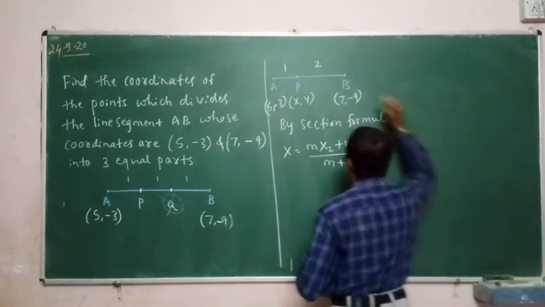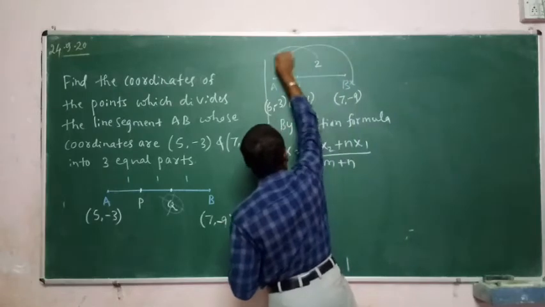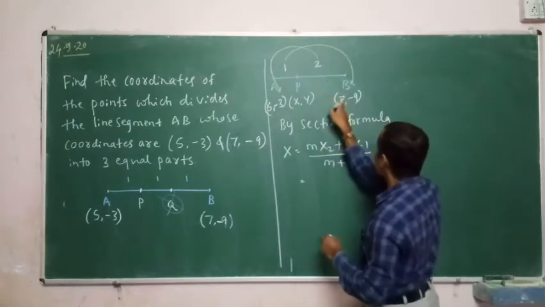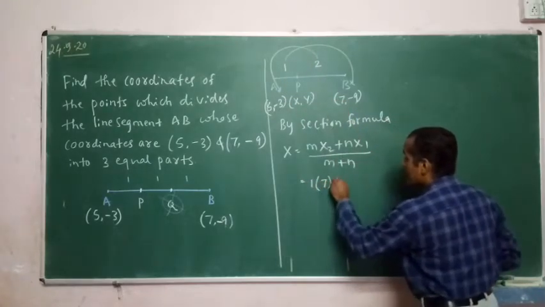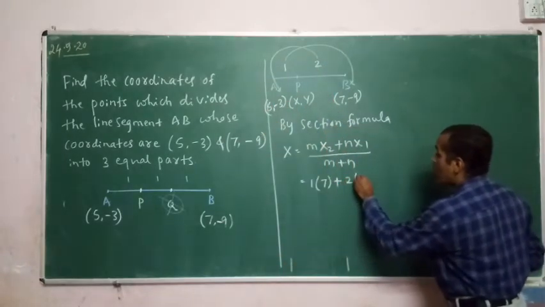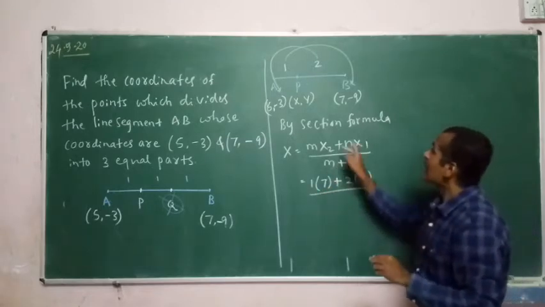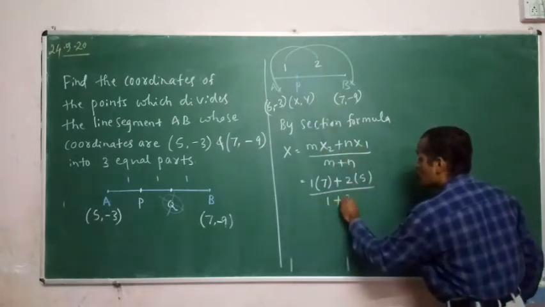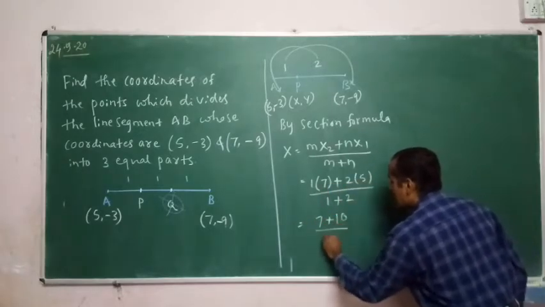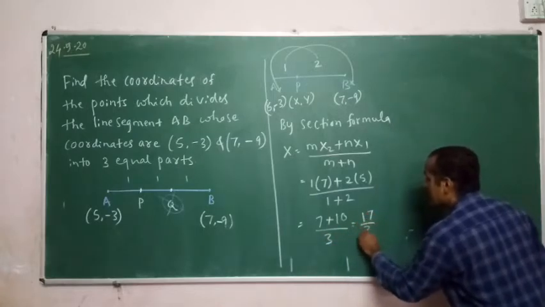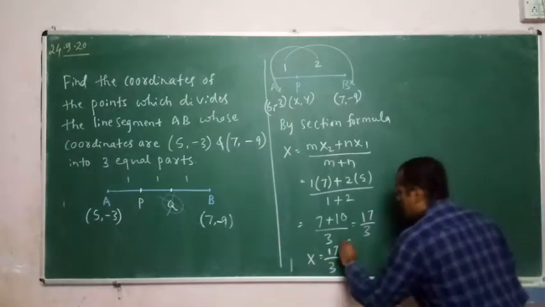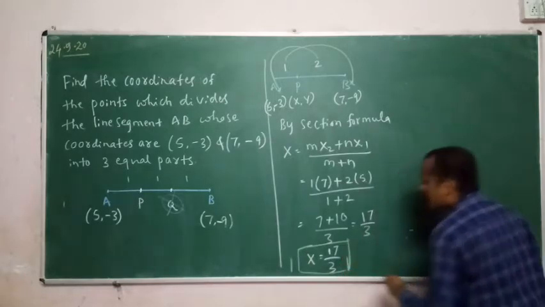For your reference, I will draw a line like this. mx2, x2 that is 1 into 7 plus nx1, it is 2 into 5 divided by m plus n, 1 plus 2, which is equal to 7 plus 10 divided by 3. Answer is 17 by 3 is the value of x.